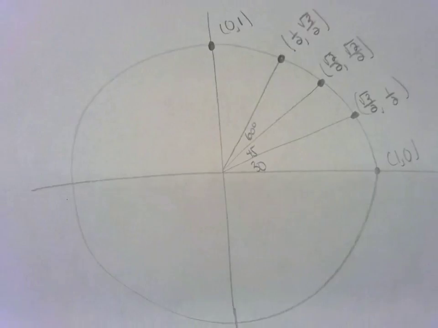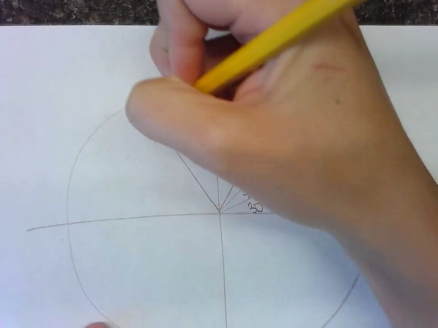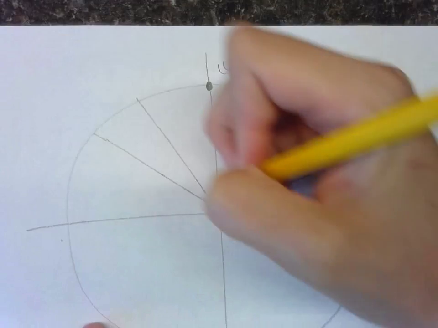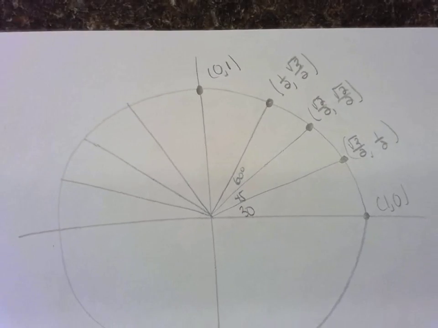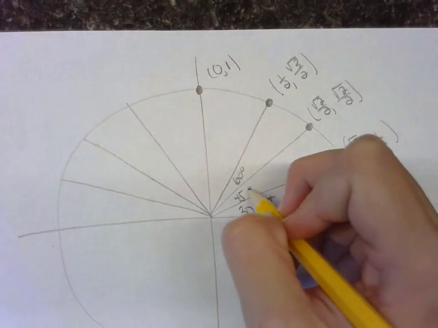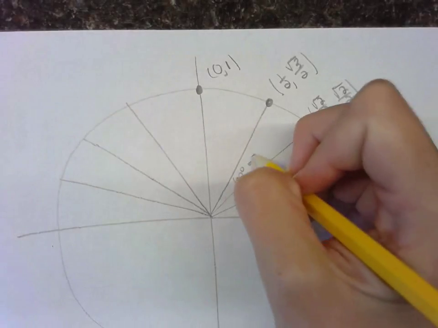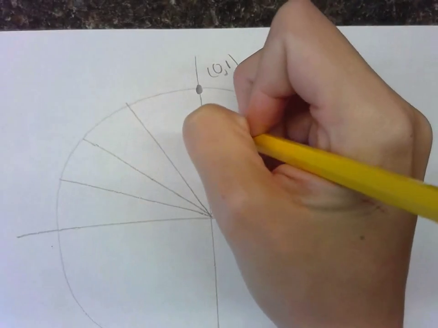So let's go ahead and do some more important angles. Remember from the last one we did, we also filled in the next couple angles, which I'm actually going to change into radians because it's probably more common to put them in radians. So we have pi over 6, pi over 4, and this is pi over 3. This is pi over 2.